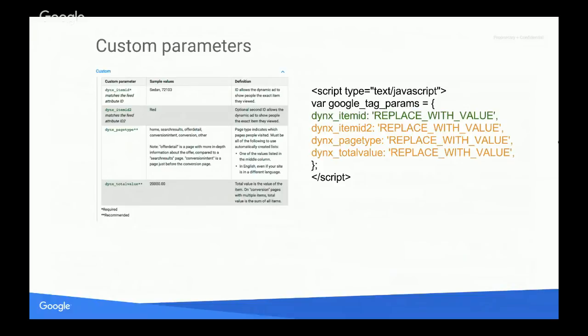These custom parameters can have multiple values for dynamic remarketing, and you'll need to use the required custom parameters at a minimum. So the highlighted green part, dynamic X underscore item ID, is required. The three others are recommended, but we highly encourage you to use these as well.